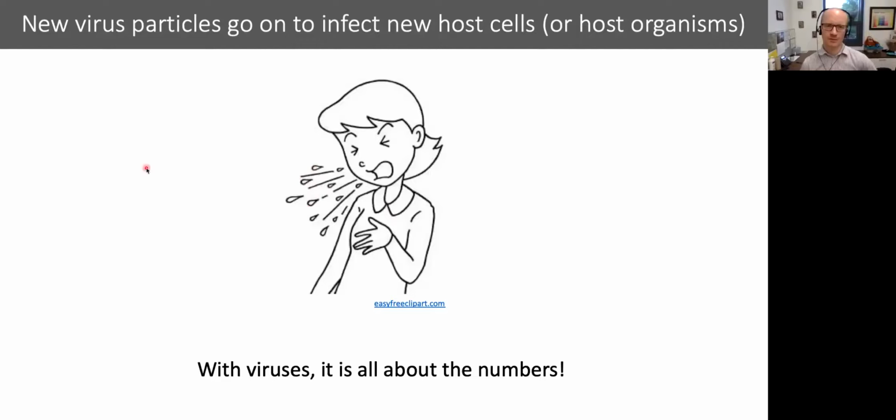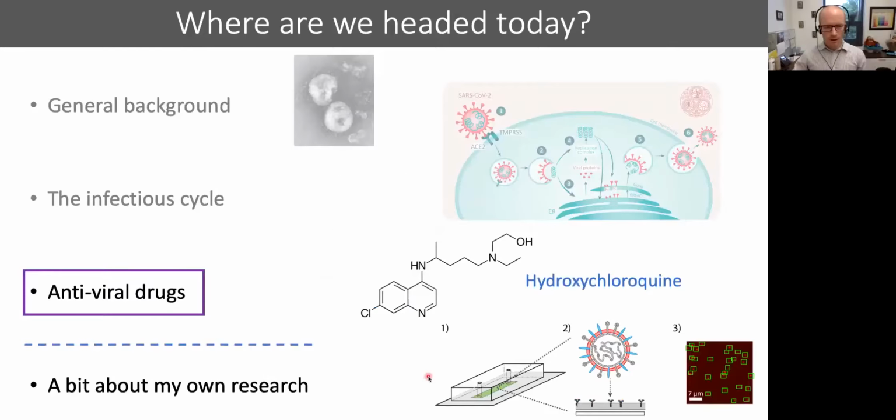So there are a lot of ifs in that statement. But with viruses, it's really all about the numbers. They produce so many progeny that if the vast majority of them never infect a new host, it really doesn't matter, as long as at least some of them do. So it's really all about the numbers. Okay, that's the end of the infectious cycle.